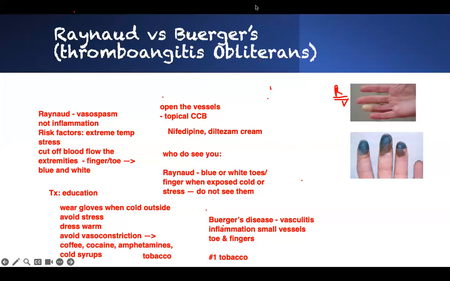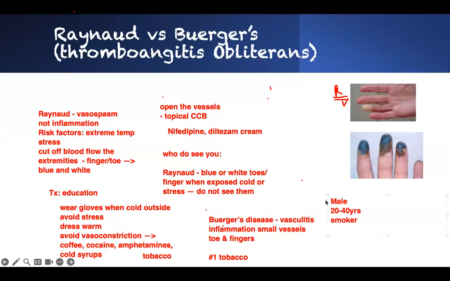So what it will give you is classic, like this guy. It's going to be a young male, maybe 25 to 40 years old, who smokes like a chimney, a heavy smoker for a long time.